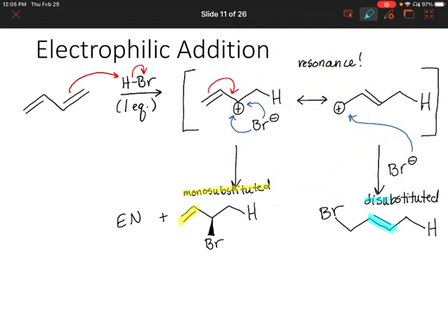So, which one is more stable? The yellow double bond or the blue double bond? The blue double bond. So that's the more stable alkene, and the yellow double bond is the less stable alkene.